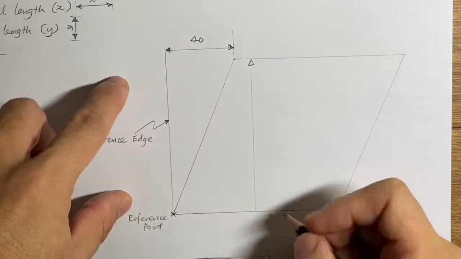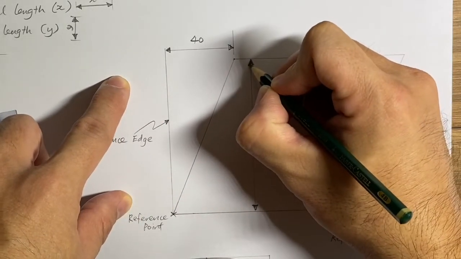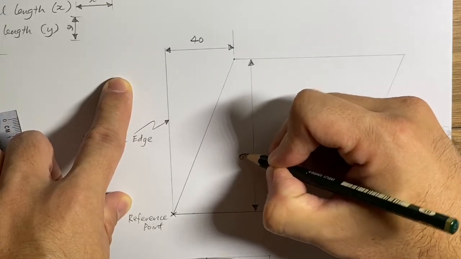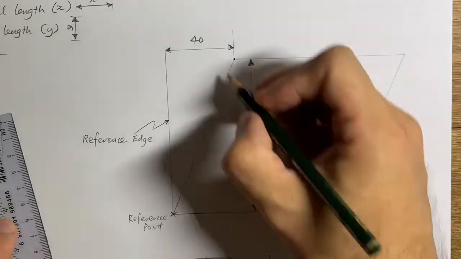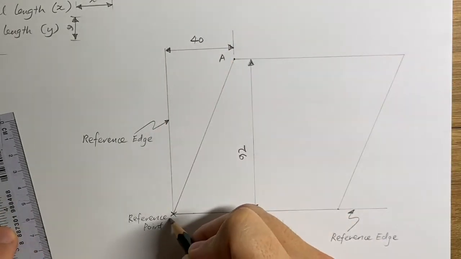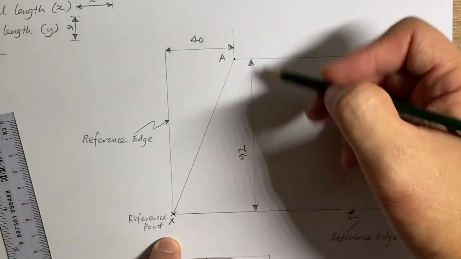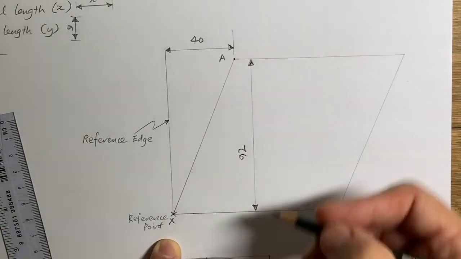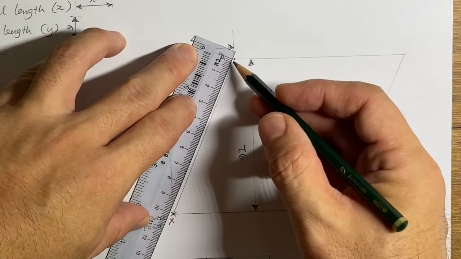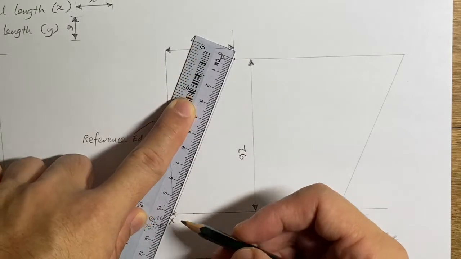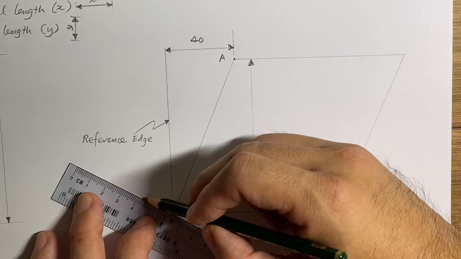Normally I would like to put my dimensions outside, but in this case I'm just showing it here. So that's 92 mm. So that tells me that this point A is perhaps 40 mm to the right of X, 92 mm over the top of X. That's point A. The next thing we would have to tell people reading this drawing is the length, and this entire length we would have to dimension as well.